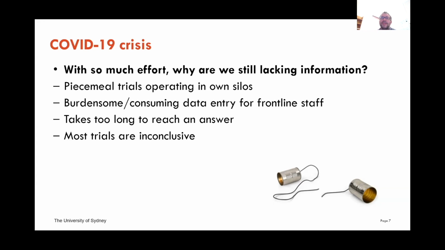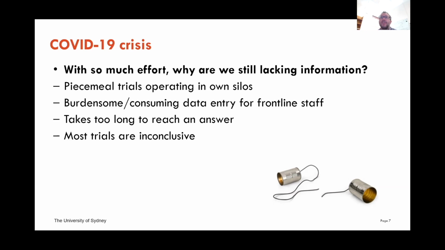The processes for conducting clinical research are burdensome and time-consuming, and this particularly affects frontline staff who are providing care, and they're having to divide their time between providing care for their patients and also providing study-specific procedures to address some of these questions.